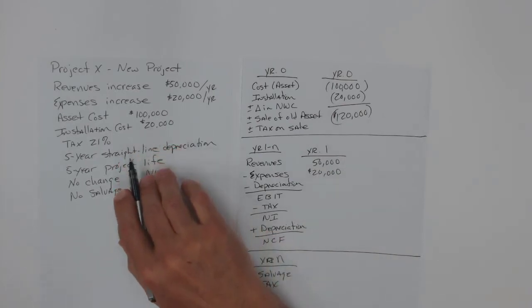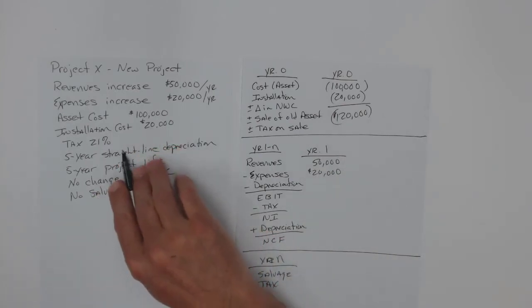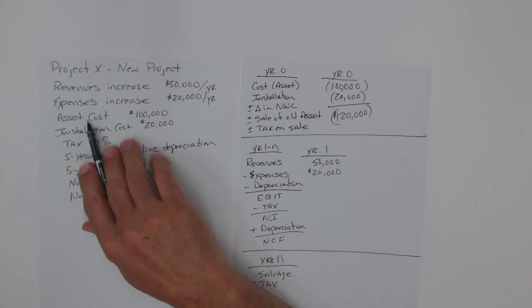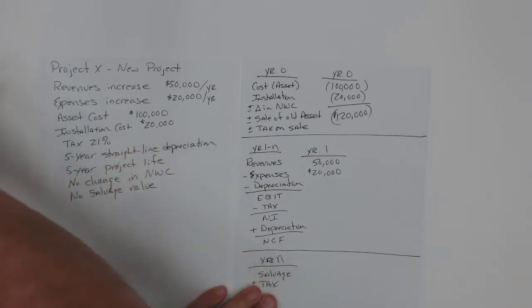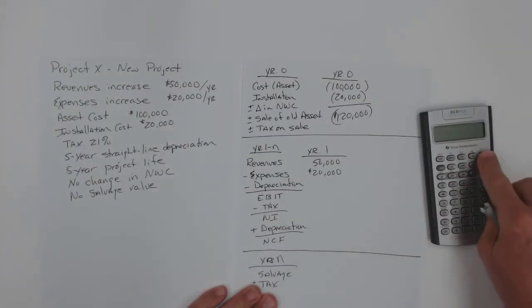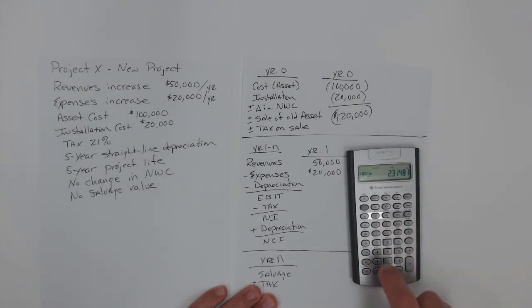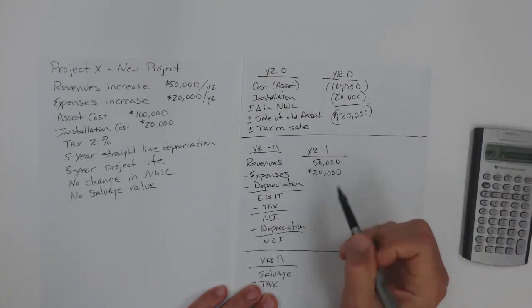Depreciation will be straight line 5-year. So we would depreciate the entire installed cost. So the entire installed cost would be $120,000 divided by 5 equals $24,000.